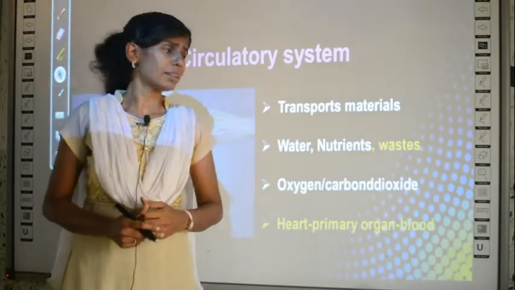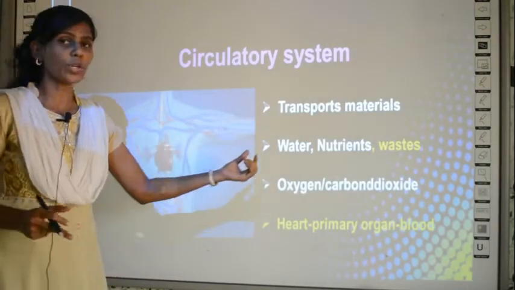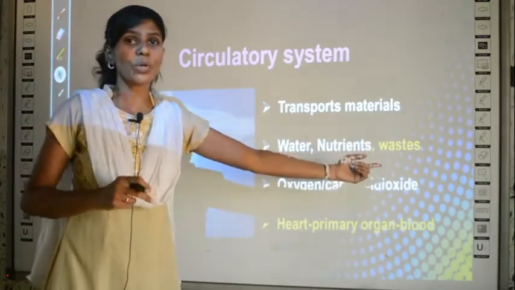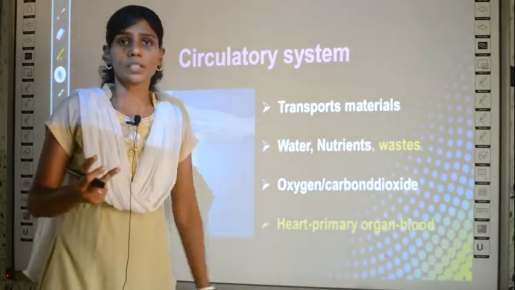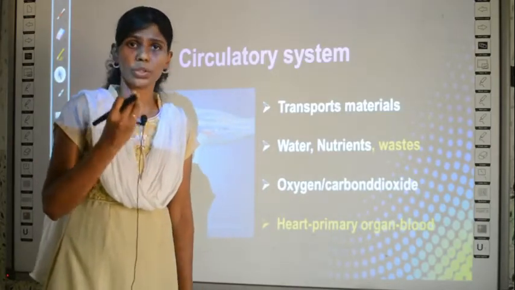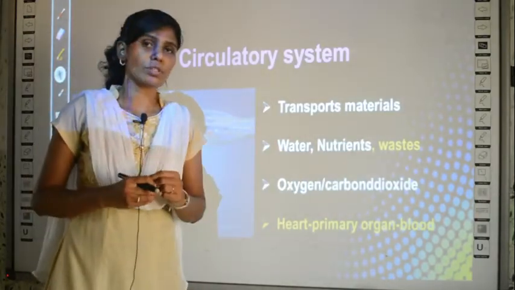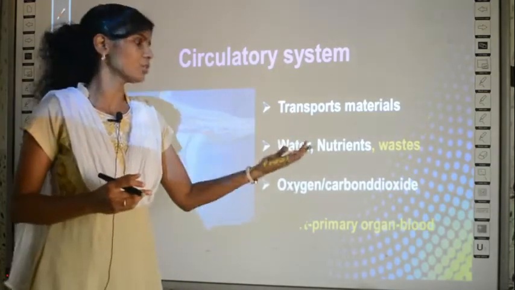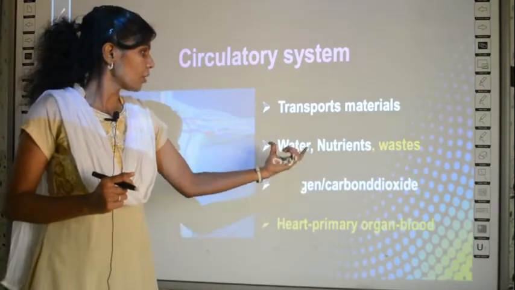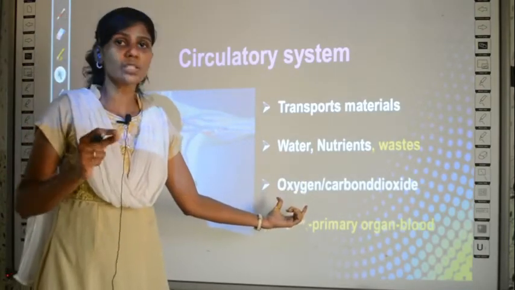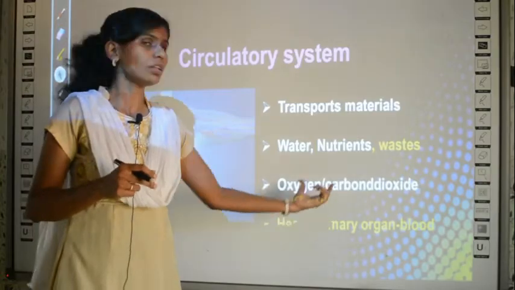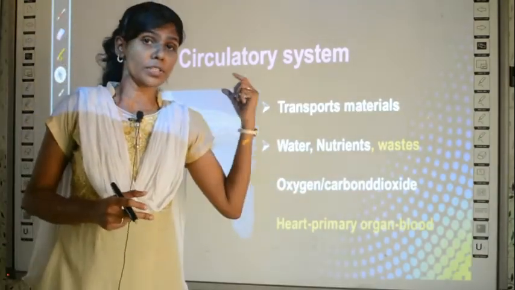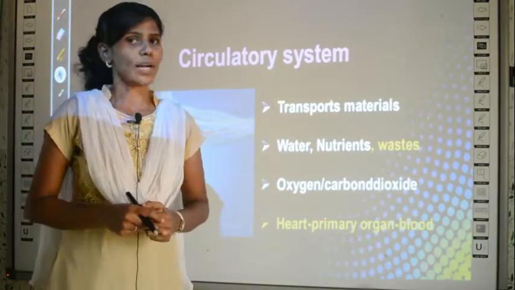What can it transport? It can transport water, nutrients, and waste. This waste is not the solid waste, the feces or the urine. This waste refers to the waste products of metabolism. It can also transport gases such as oxygen or carbon dioxide. All these materials are transported by your circulatory system.